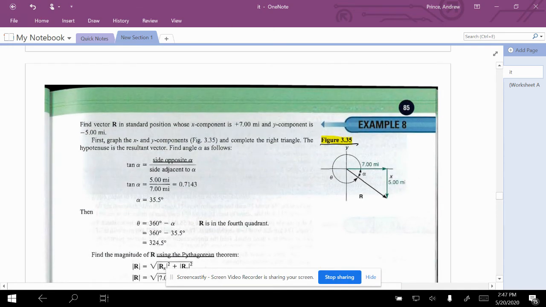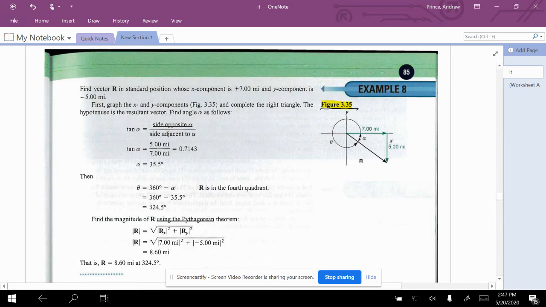Now the other example we scrolled past up here kind of shows what I was talking about in a different quadrant. So if you had this resulting vector down here, and you calculated A, with this being your right triangle that you drew in there, you're going to be looking at an overall spectrum of 360 degrees.